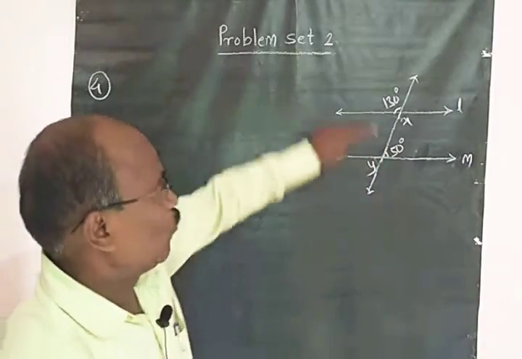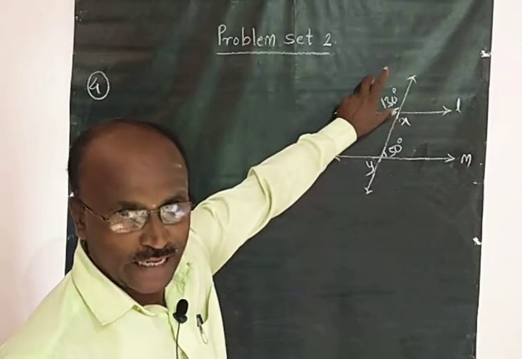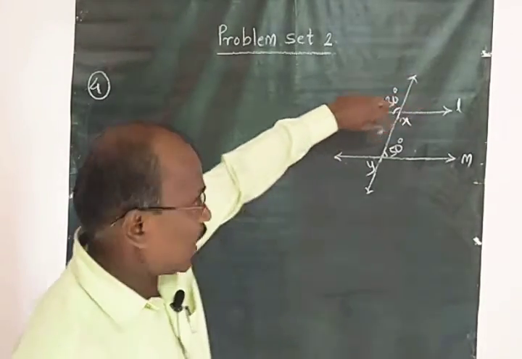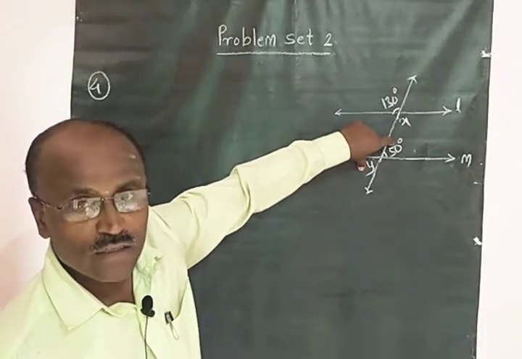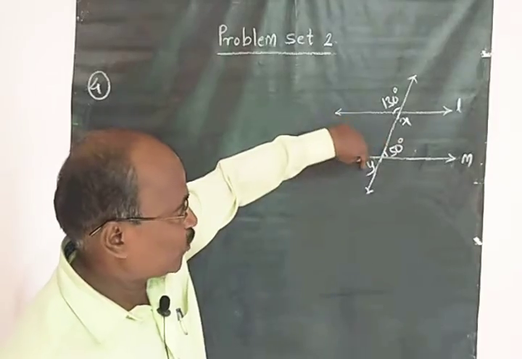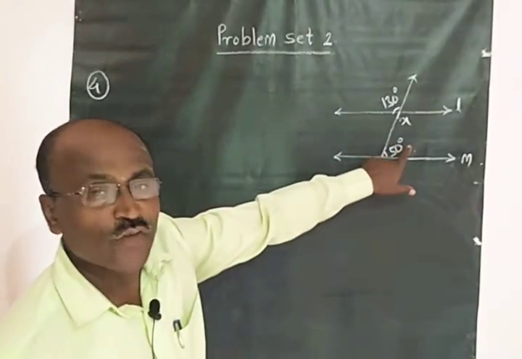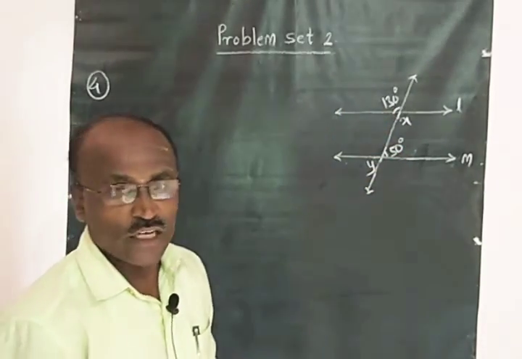So here 130 degree and X, these two are vertically opposite angles. Therefore these two are congruent. And also here Y and 50 degree, these two are vertically opposite angles. Therefore these two are also congruent. So here Y is equal to 50 degree and here X is equal to 130 degree.